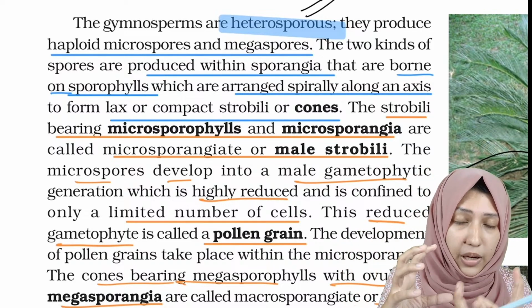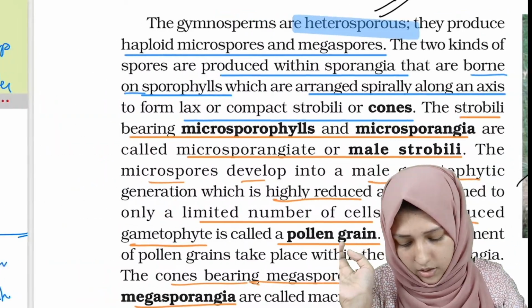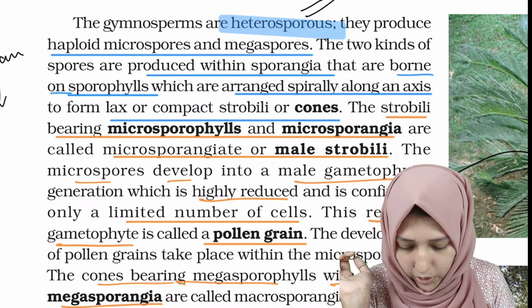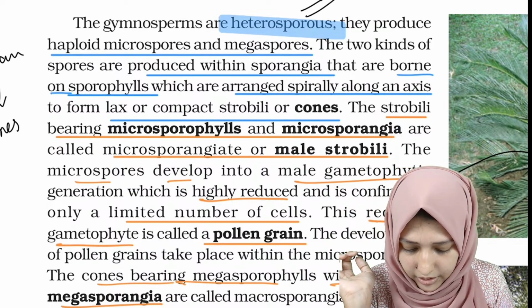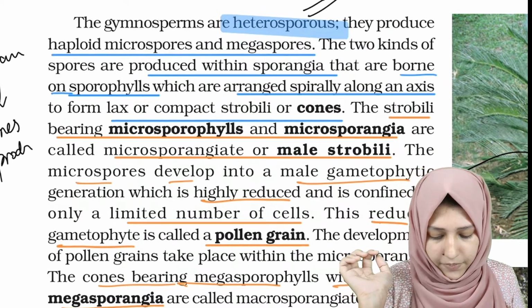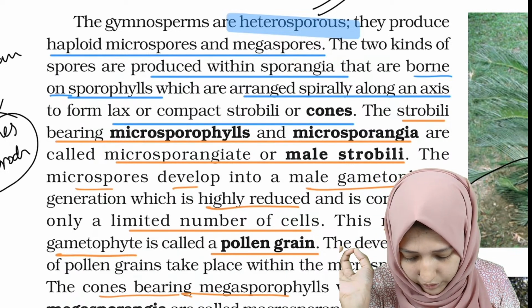Sporangia is the structure in which these spores are produced. From sporangia, spores arise. And these spores are produced on sporophylls.